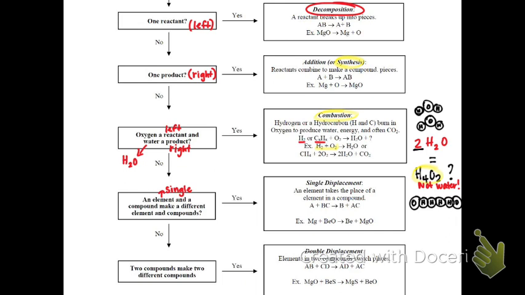Compounds are what? A group. There are multiple elements in one compound combined together.